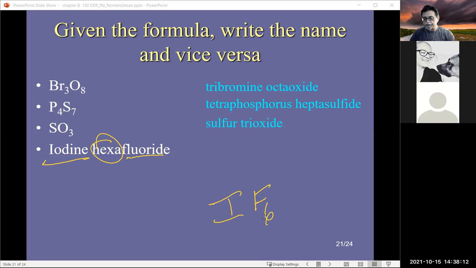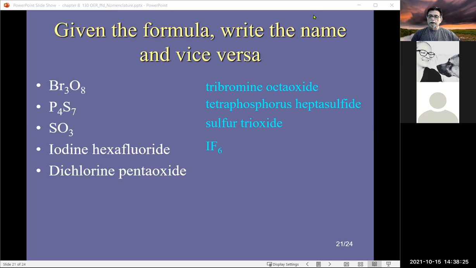There's hexa, meaning 6, so that would be the formula IF6. Okay, and here we have parent base name chlorine oxide, so that would be Cl and O. Prefix di gives us 2, penta, meaning 5 oxides. So there's the formula.